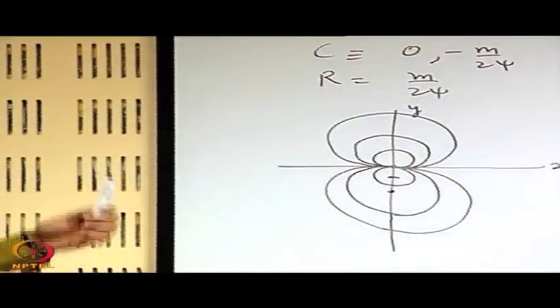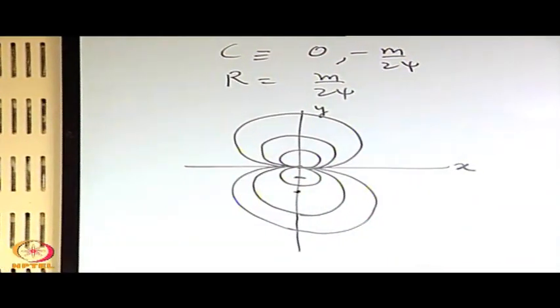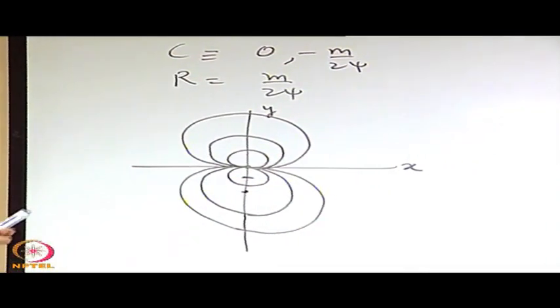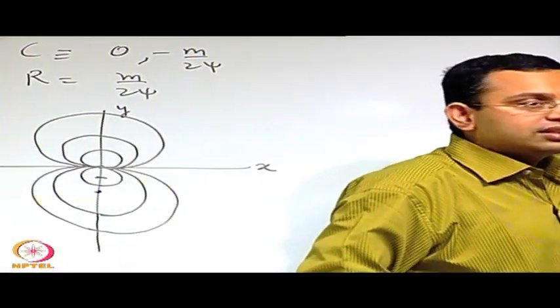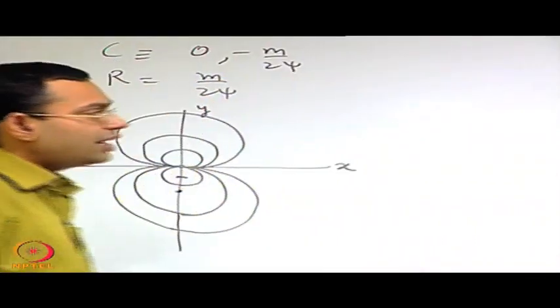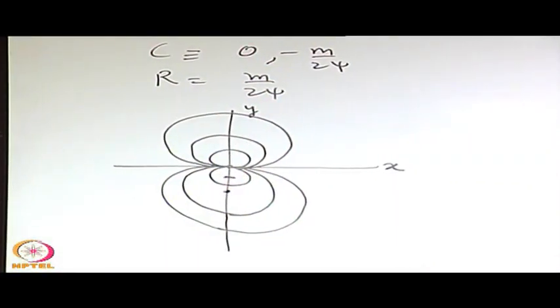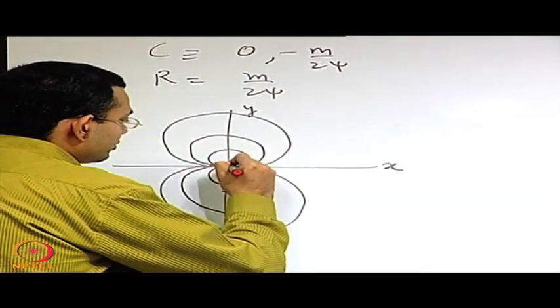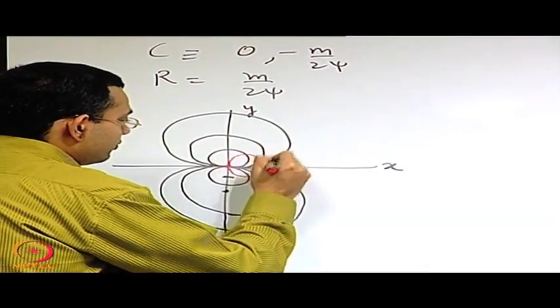Now phi equal to constant lines will just be similar and orthogonal, that you can easily calculate by looking into that phi equal to m by r cos theta, again multiplying both numerator and denominator by r. So it will be mx by x square plus y square, and that will represent a family of these types of lines.